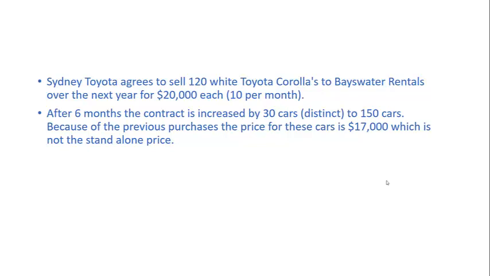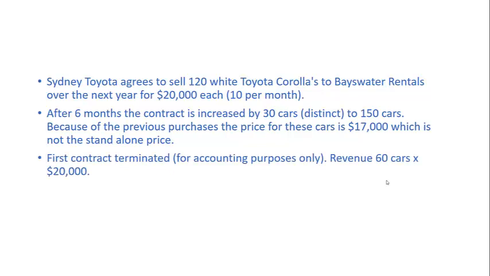But the difference here is that the cars are being sold at $17,000 each, which is not the standalone price. Now, the issue here is that if we accounted for it in the same way that we did the previous example, we'd have one contract which was profitable and one contract which was probably unprofitable, and it's going to potentially distort what appears in the financial statements.